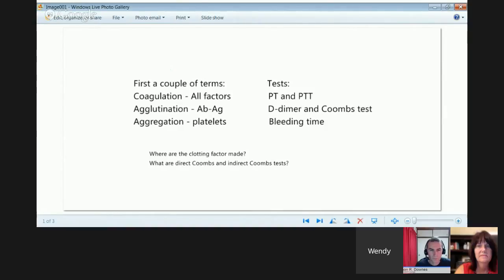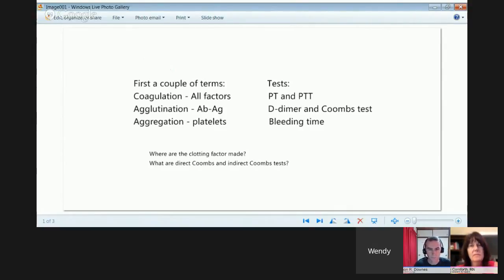When we talk about coagulation, we're talking about the so-called coagulation factors. When we talk about agglutination, we're talking about the attachment of antibodies to antigens. And when we talk about aggregation, we're talking about platelets. There are different tests for each one of those things. Those are all a little bit different.